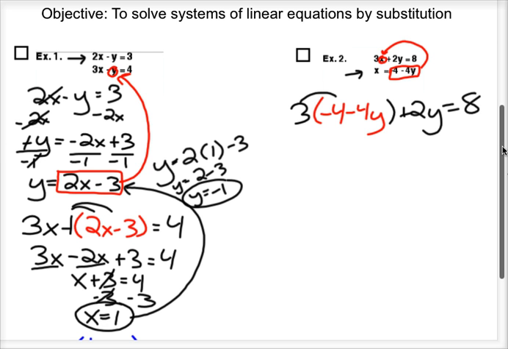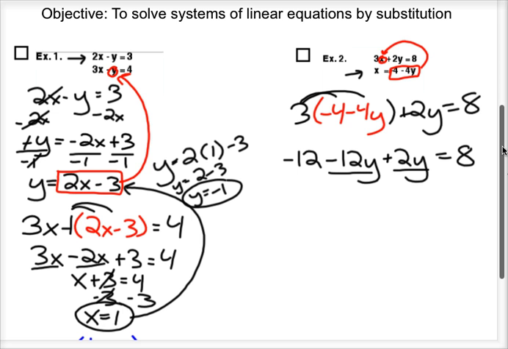First thing I'm going to do, I'm going to distribute that 3. So I'm going to have -12 minus 12y plus 2y equals 8. Next, I see some like terms to combine. -12y and 2y, well, that combines to -10y.